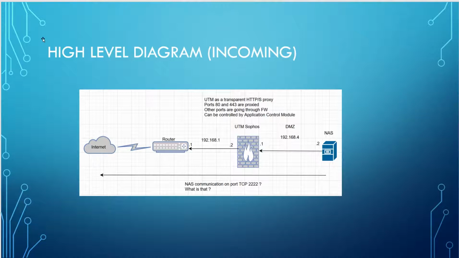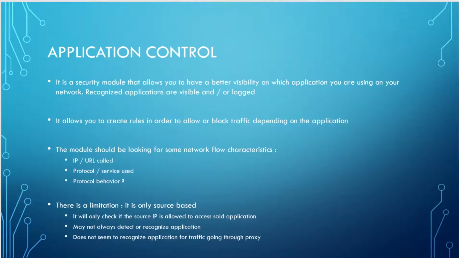Maybe something strange is going on and you would like to understand what it is. So the Sophos UTM 9 comes with the application control module. It is a security module that will allow you to have better visibility on which applications you are using on your network or that your NAS is trying to access, for example.